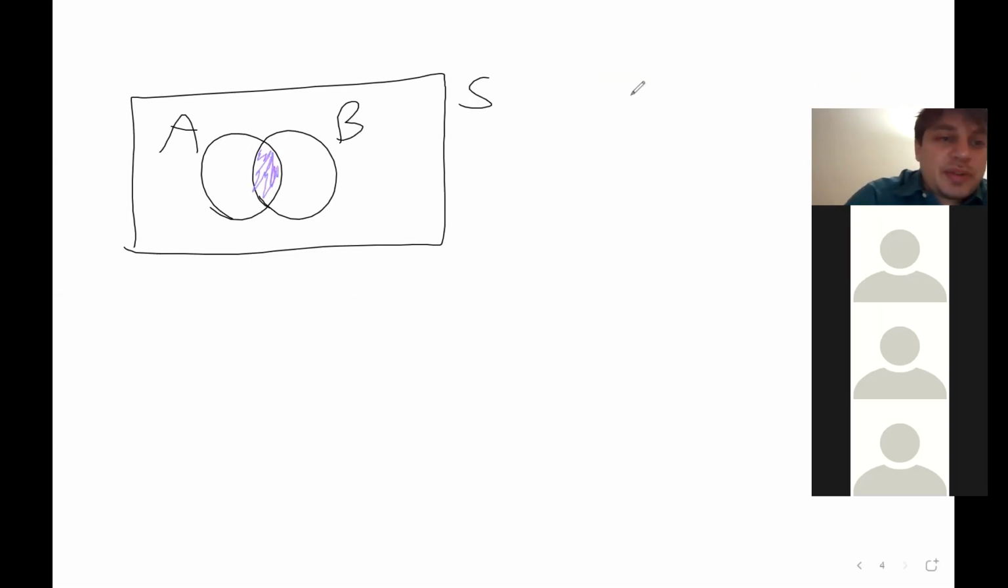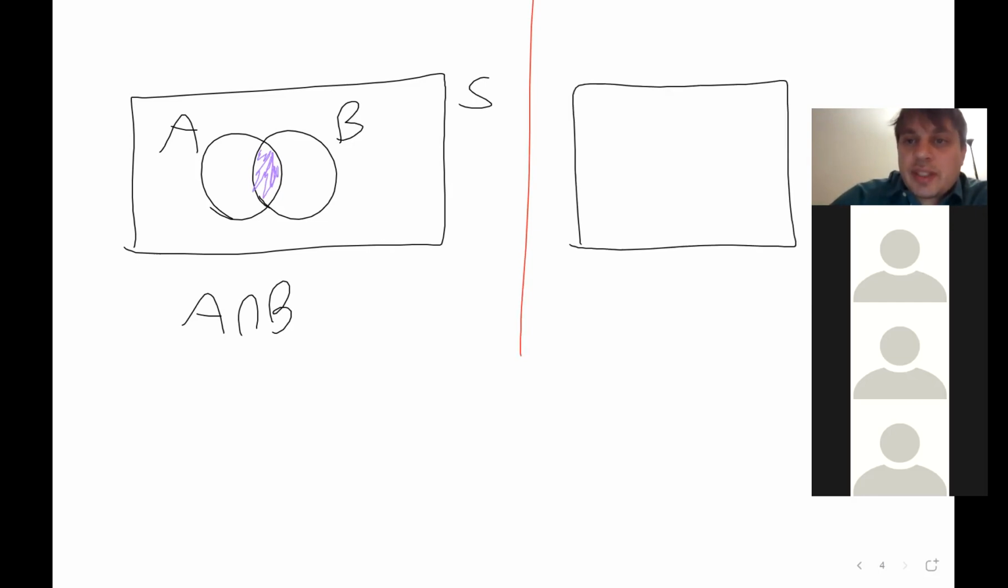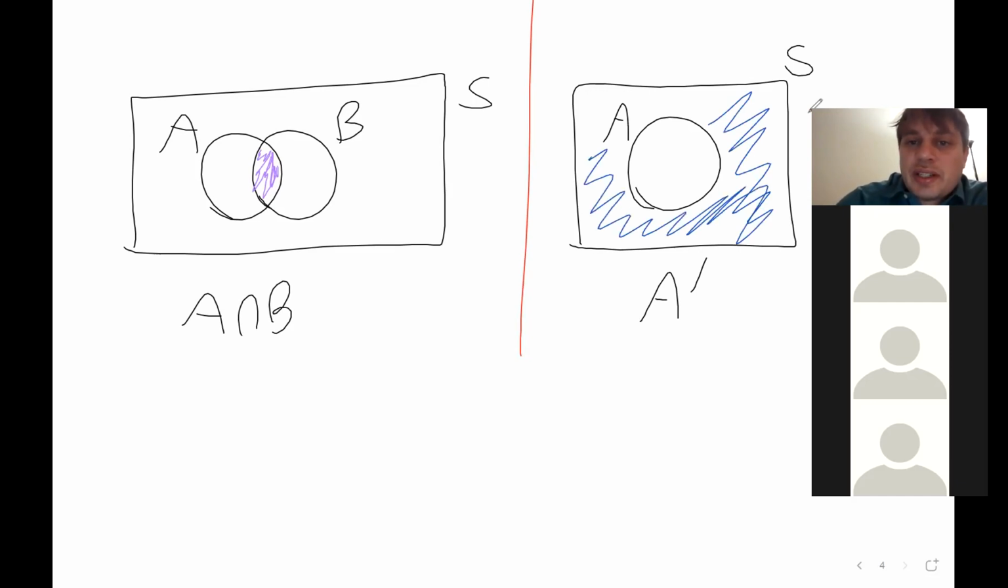So I was saying that as I was drawing it, this is A intersection B. So another important thing is A complement, right? If you have your universal set S and you have the set A in it, A complement would be all the elements not in set A, right? So that would be this set here.